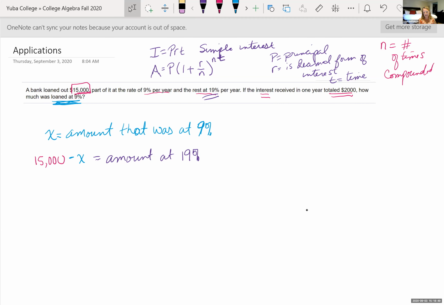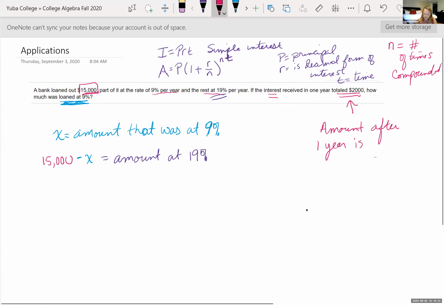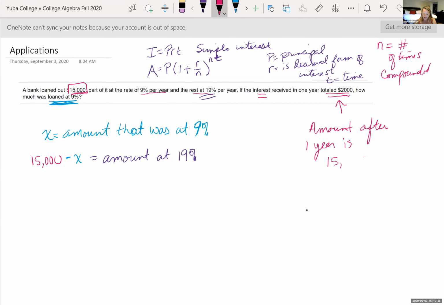So basically, if that interest totals $2,000, I know the amount after 1 year is what I started with, the $15,000, plus my interest, which is the $2,000.